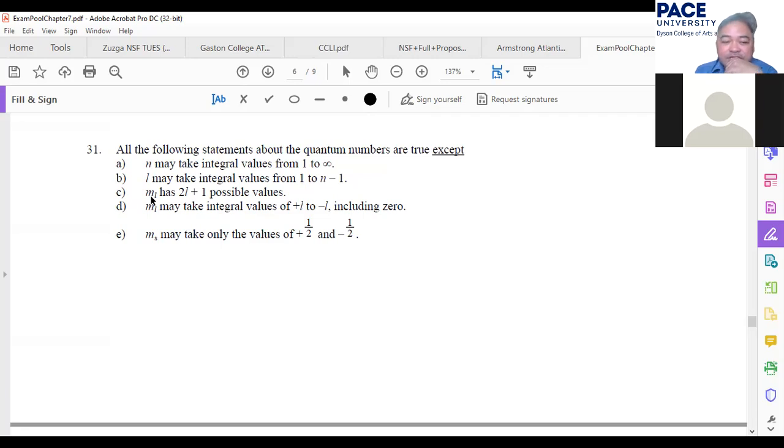And M sub L has 2 times L plus 1 possible values. That's true. Because if L is equals to 0, your M sub L will always have one value, which is 0. And M sub L may take integral values of positive L to negative L, including 0. That's true. And M sub S may take only the values of 1/2 and negative 1/2.